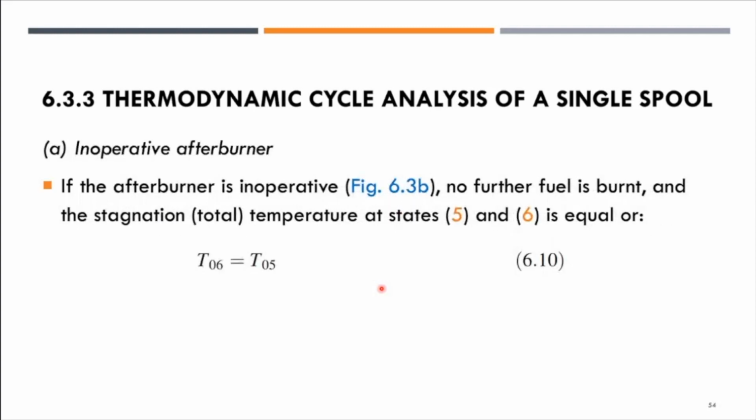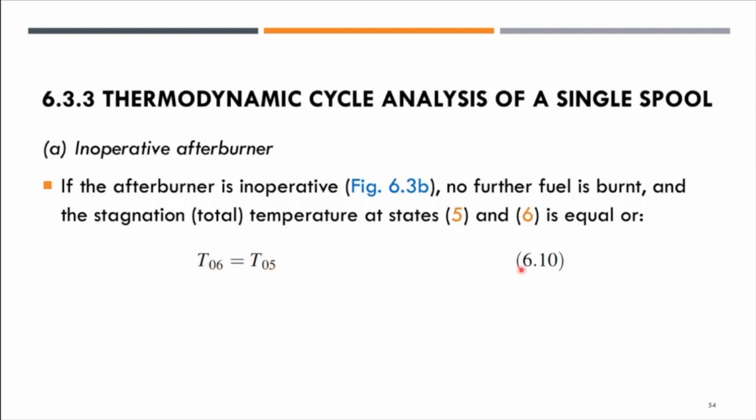Let us look into the first case, inoperative afterburner. If the afterburner is inoperative, figure 6.3b, no further fuel is burned and the stagnation temperature at states 5 and 6 is equal. So T06 equals T05.